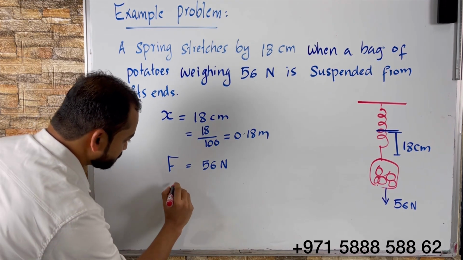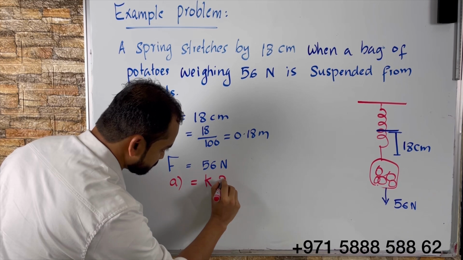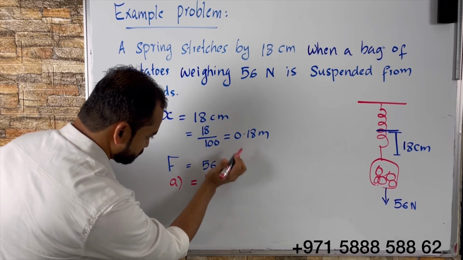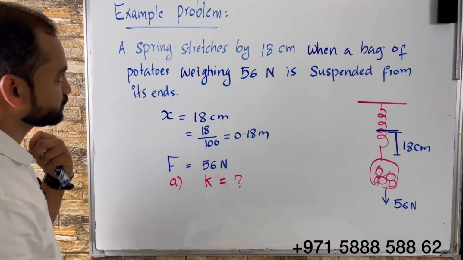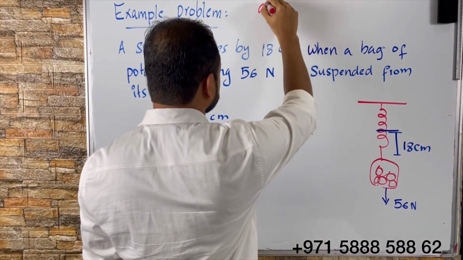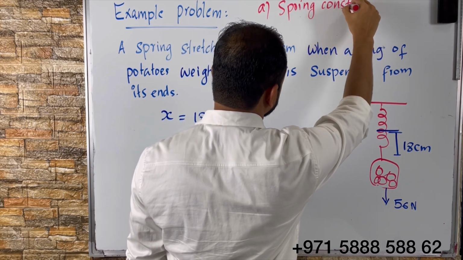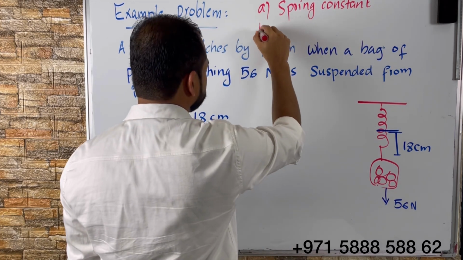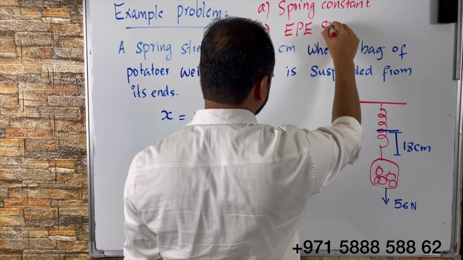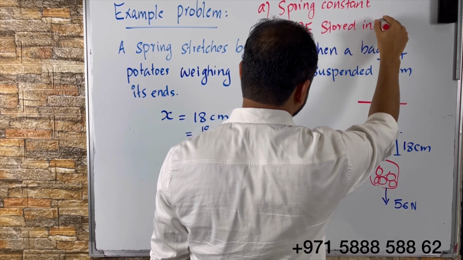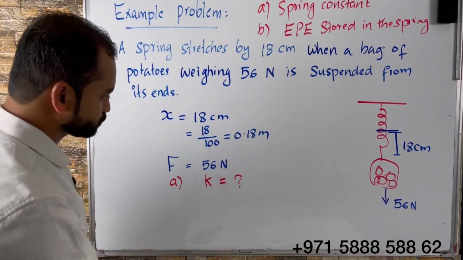So for A, we have to calculate the spring constant K of the spring, and for B, we need to calculate the elastic potential energy stored in the spring.